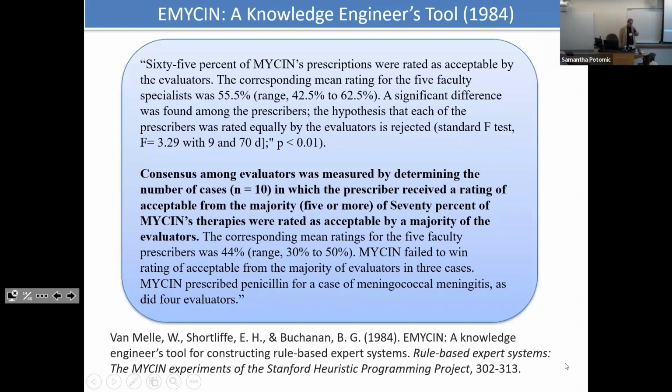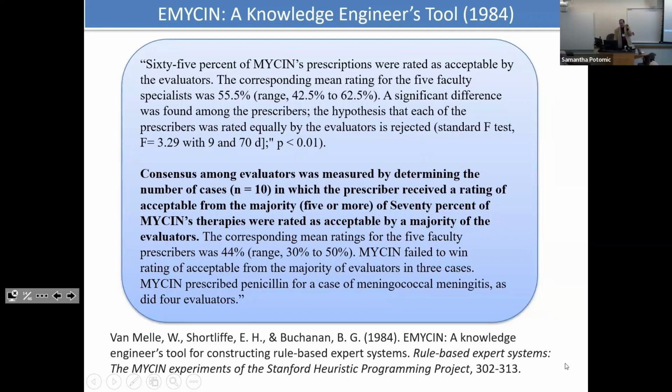So here's what I went for. What were the statistics of their own data? They're biased, right? They're doing their own testing at Stanford. They found 65% of MYCIN's prescriptions, that's its recommendations for treatment, were rated acceptable by the evaluators.